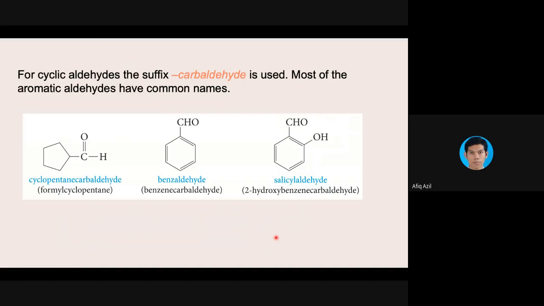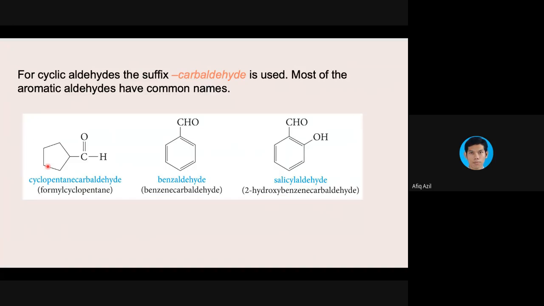For cyclic aldehydes, if the carbons are in a cyclic form, you have to add the suffix carbaldehyde. Most of the aromatic aldehydes have common names. If you see a benzene ring become an aldehyde, they mostly have other common names.